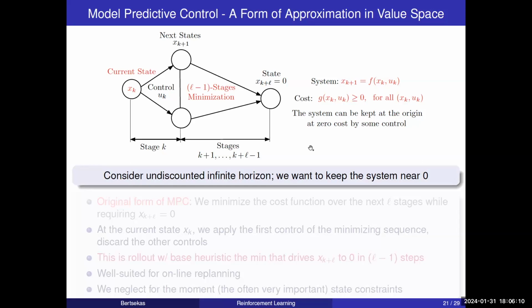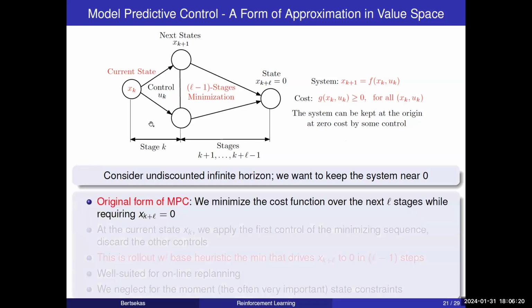The way it works is as follows. We are at a given state, xk, and we minimize the cost function, the sum of these costs, over the next L stages, while requiring that L stages ahead, the state is going to be 0.